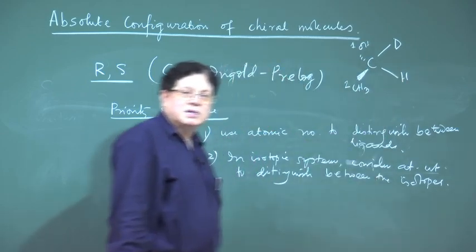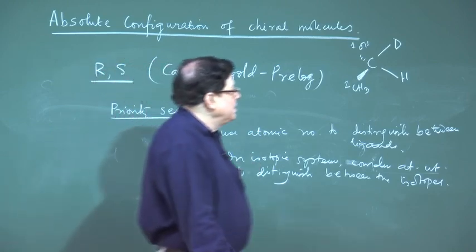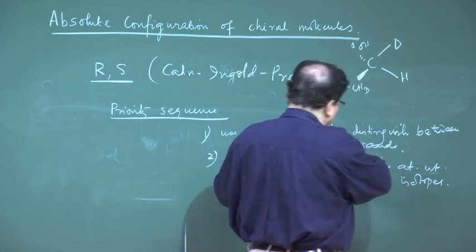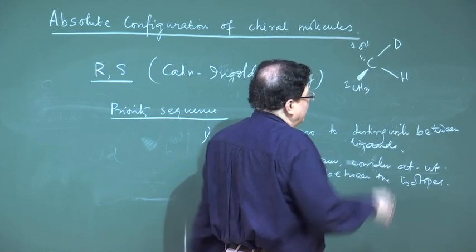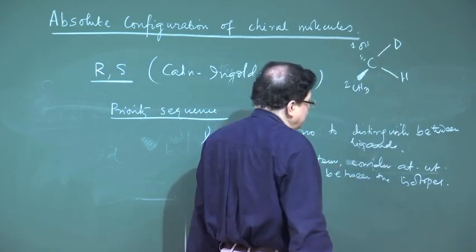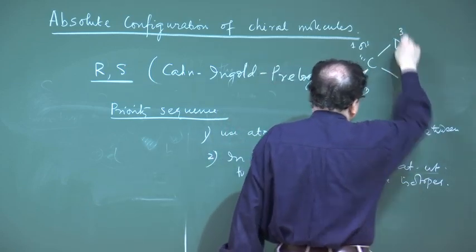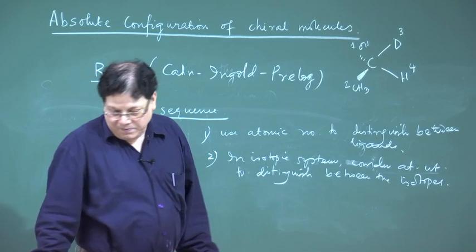Atomic number cannot distinguish between deuterium and hydrogen, because both have the same atomic number. So, once this rule cannot distinguish between the groups, you use your second criteria, that is the atomic weight criteria. Based on the atomic weight criteria, this becomes 3 and that becomes 4.